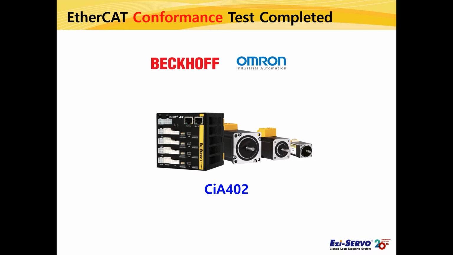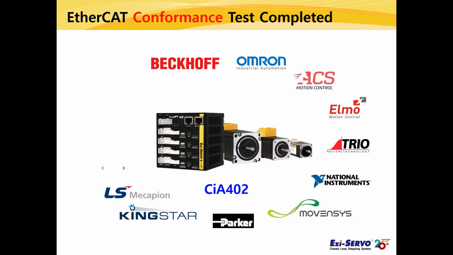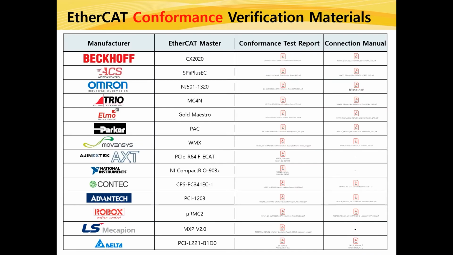By the compatibility test with each master company, the connection method and the operation of the EtherCAT function with various masters were verified. The verification results I mentioned before are summarized in a table. These are conformance test reports and connection manuals for each master.